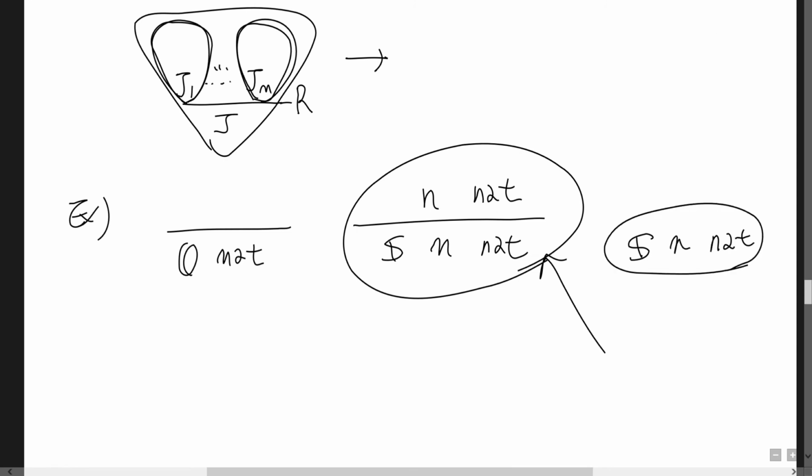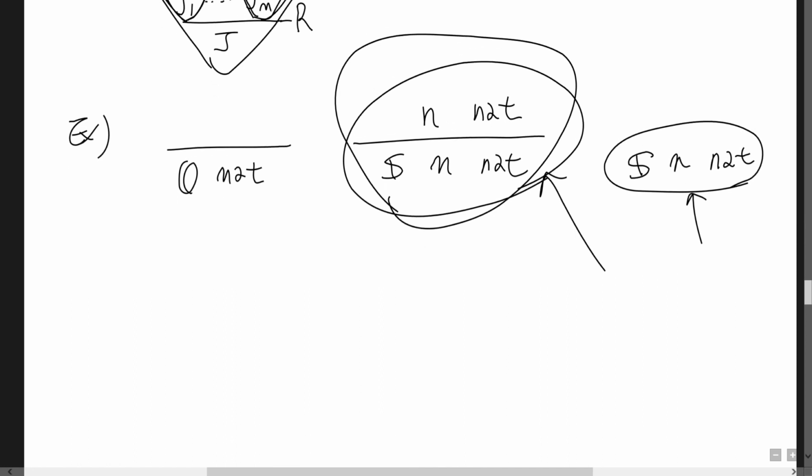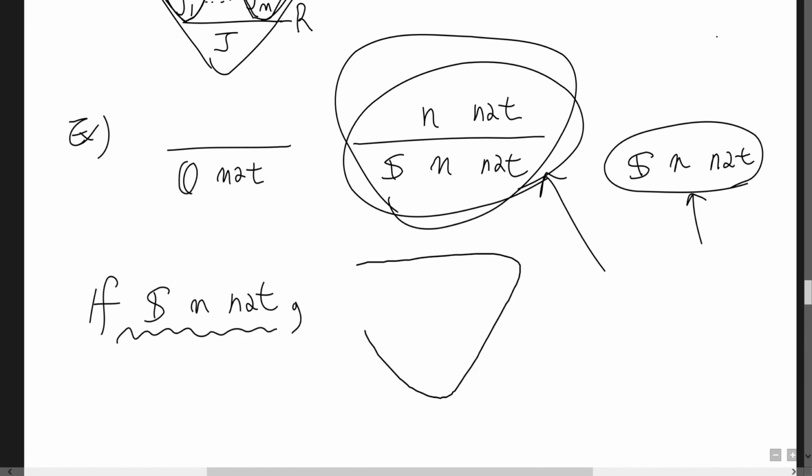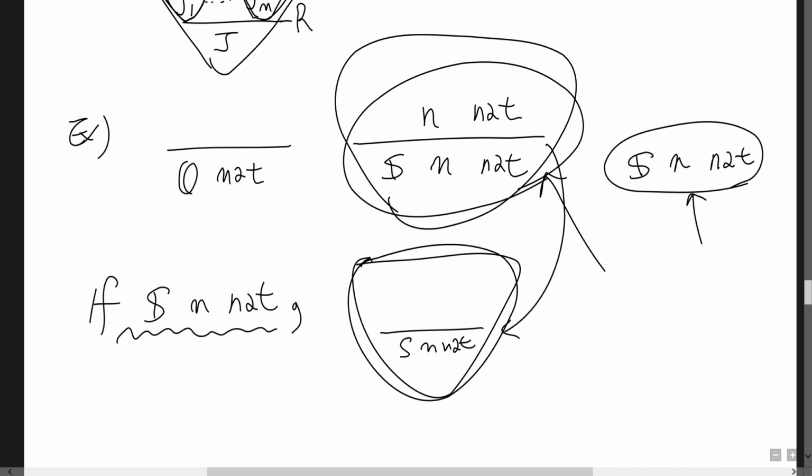So whenever you have a proof of this judgment, you may assume that the last inference rule in the derivation tree is this inference rule. So now let's invert this inference rule. If successor n nat is provable, then the last inference rule in the proof of this judgment, in this derivation tree, must be this inference rule, because there's no other way to prove this judgment.